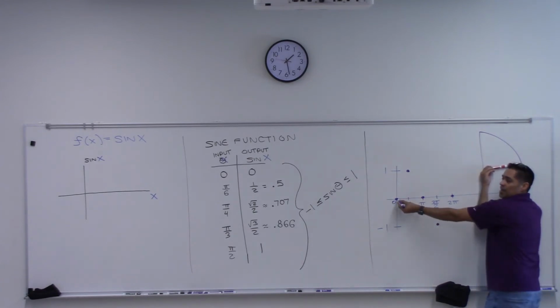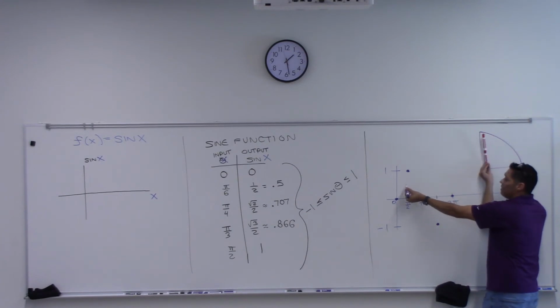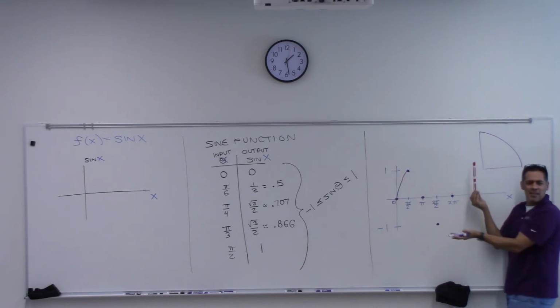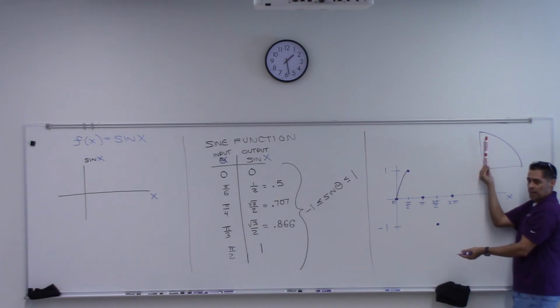Okay. Now, as I rotate around, what's happening to the y coordinate? It's getting bigger. So as I move to the right here, I should be going up, shouldn't I? The points are higher until I get here, and then I'm up here at 1. So the graph should do something like this, right? I think, something like that. Does that make sense to you? The y coordinate keeps getting bigger as I rotate.